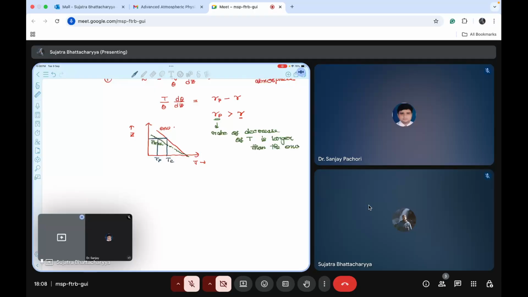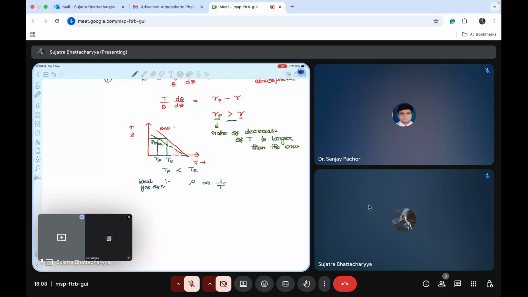This is T of E. So what we found for this particular condition is that T of P is much less than T of E. And according to the ideal gas equation, for a constant pressure, the density is inversely proportional to the temperature. But let us say that the pressure is constant at these two points.